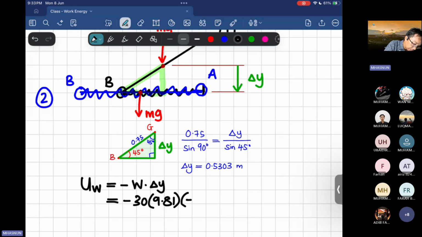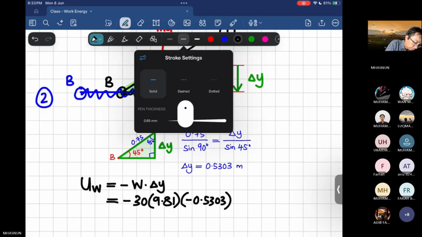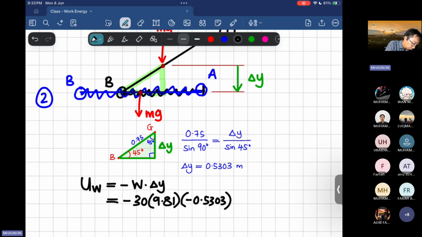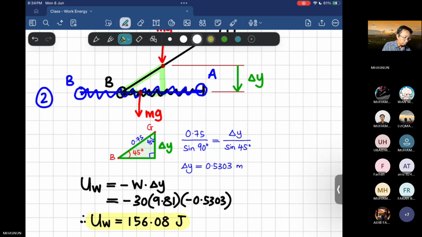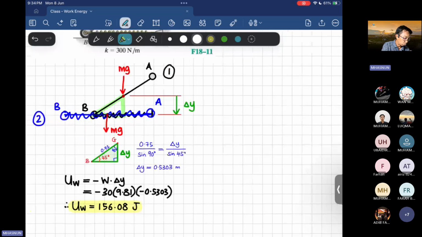So minus 0.5303. Okay, so therefore the value of UW that we get is positive 156.08 joule. So this is our value for UW. Okay, that is the first work done.